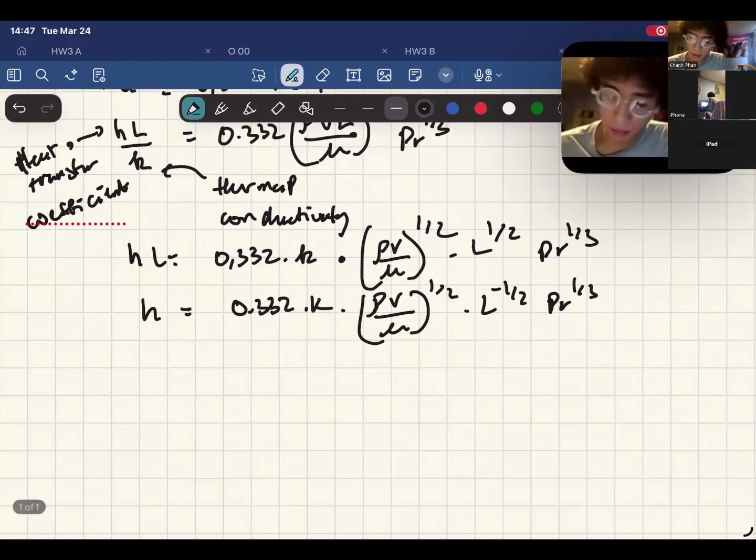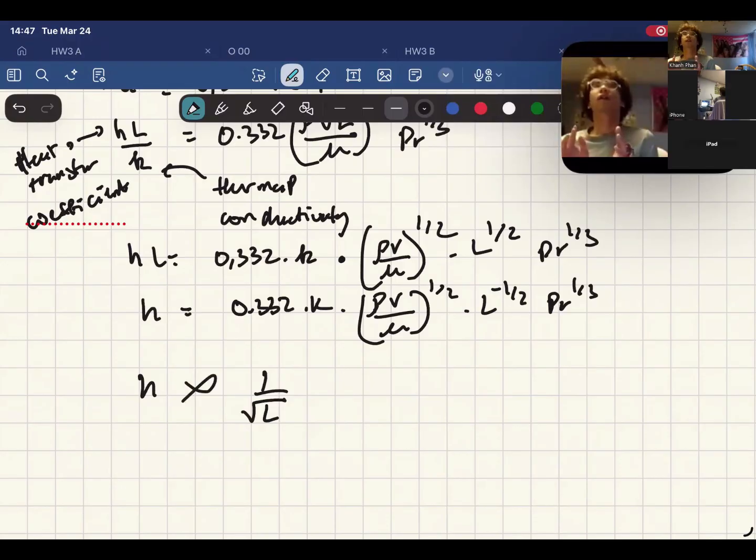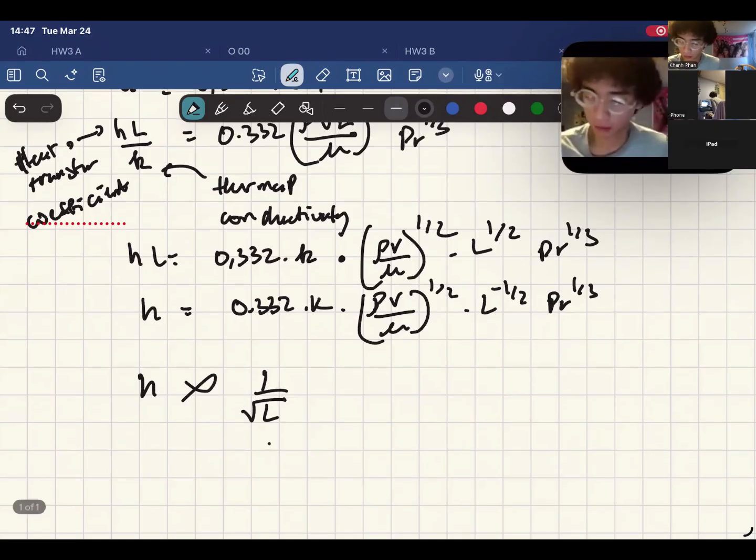And so now when we look at the heat transfer coefficient and the length of the flow, you see that they are inversely proportional. So the greater the length, the lower the heat transfer coefficient.